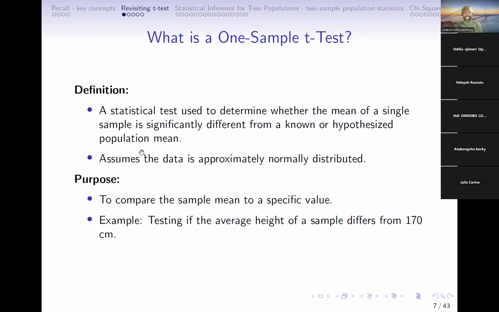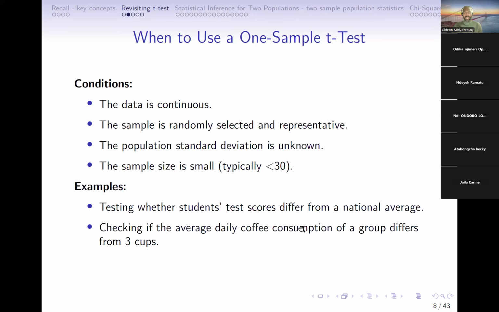Remember again here we said that you want to see whether a single sample is significantly different from a hypothesized value. So your single sample is what you've collected in this case. Your hypothesis is that it should follow the national average. And the national average is a specific value here.